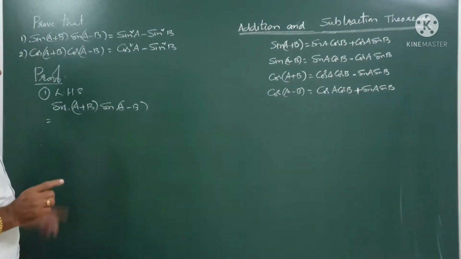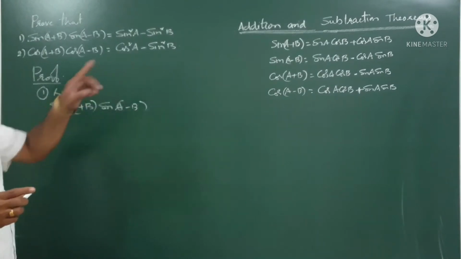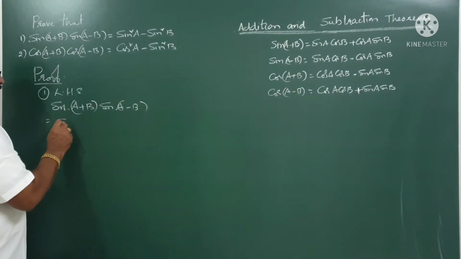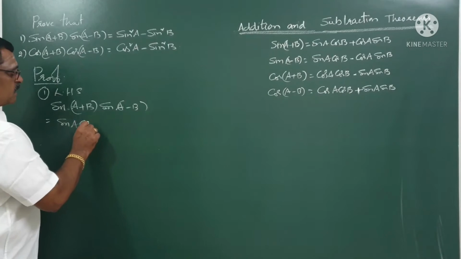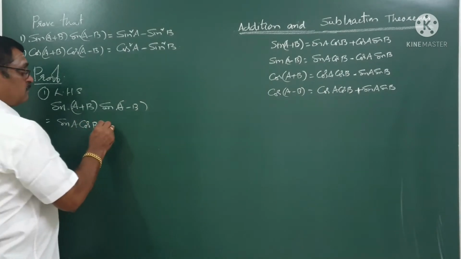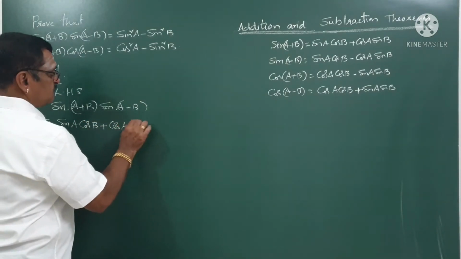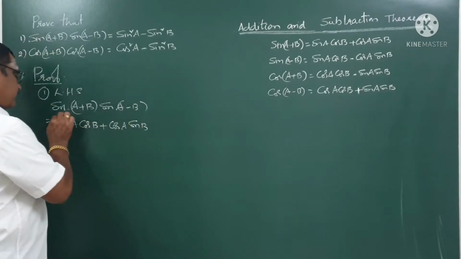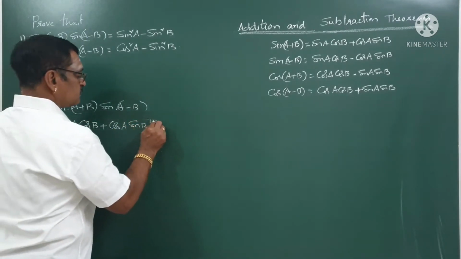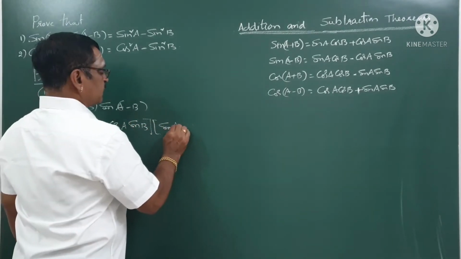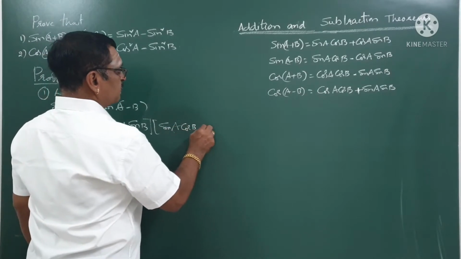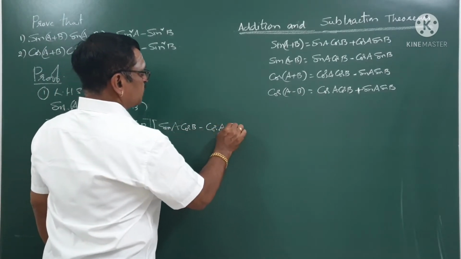And we know identities for this. Sine of a plus b, you have the first formula, sin a cos b plus cos a sin b, times sin a cos b minus cos a sin b.